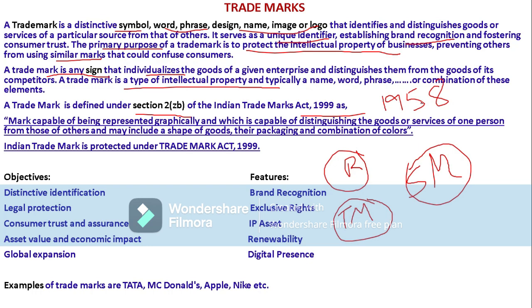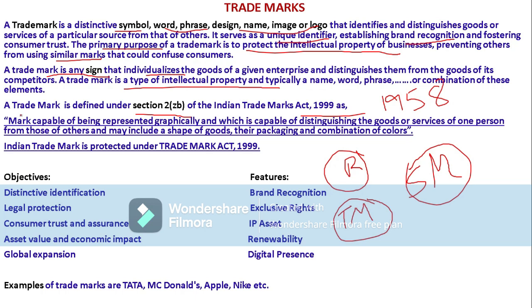That 1958 Act was repealed and replaced by the Indian Trademarks Act 1999. So according to section 2(zb) of the Trademarks Act 1999, a mark is capable of being represented graphically. Graphically is nothing but either on paper or on the computer.